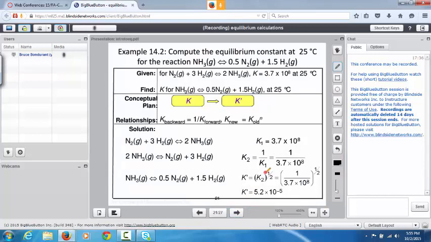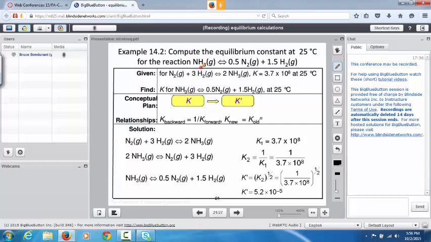Compute the equilibrium constant at 25 degrees for the reaction NH3 goes to 0.5 N2 and 1.5 H2. And you're given N2 plus 3H2 goes to 2NH3. So if we look at this, we've got a reversal.